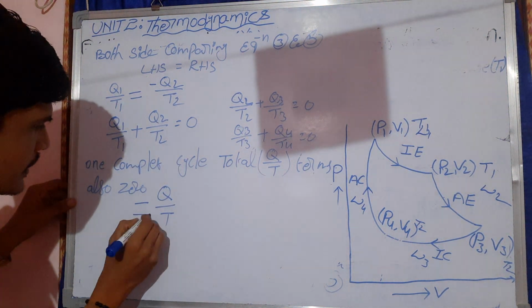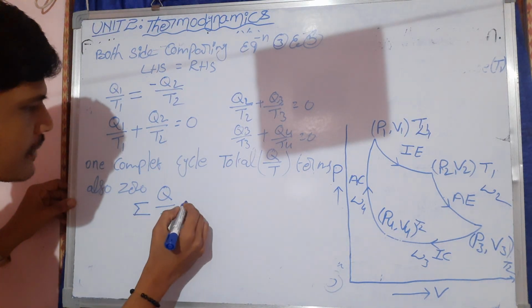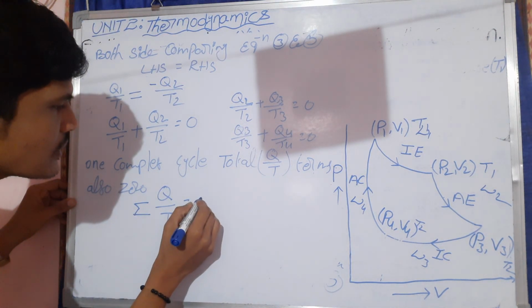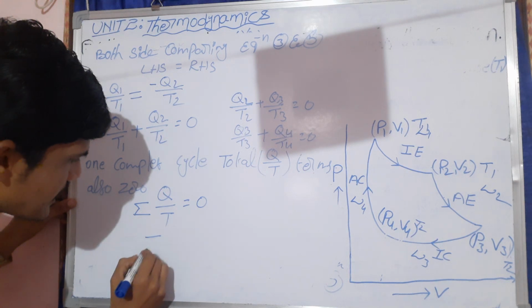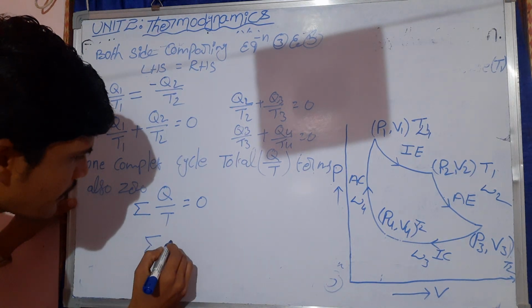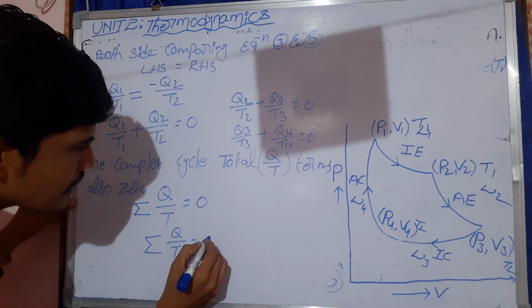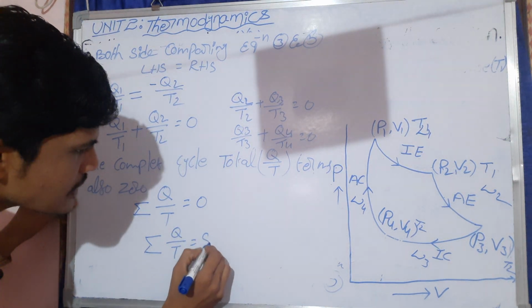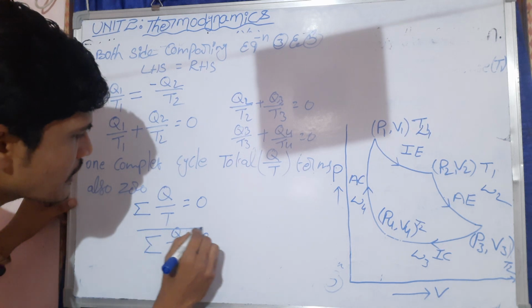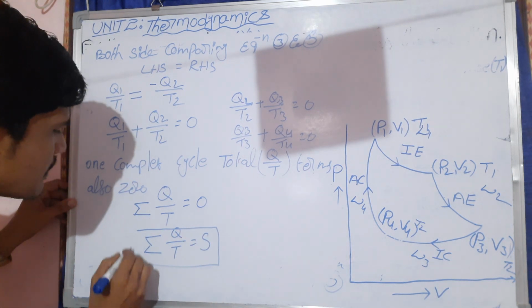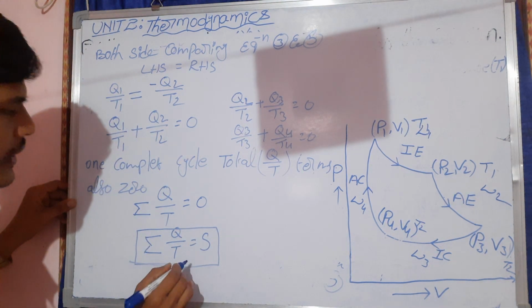That means sigma Q by T equals 0, a constant. Zero means constant, which is entropy. So this is the derived expression for entropy.